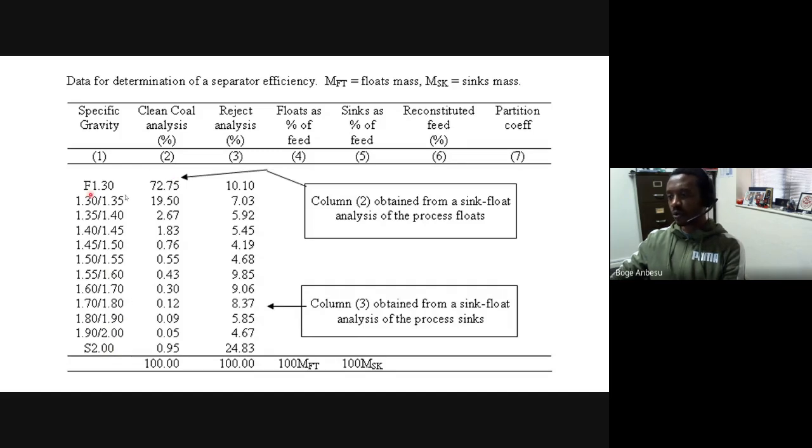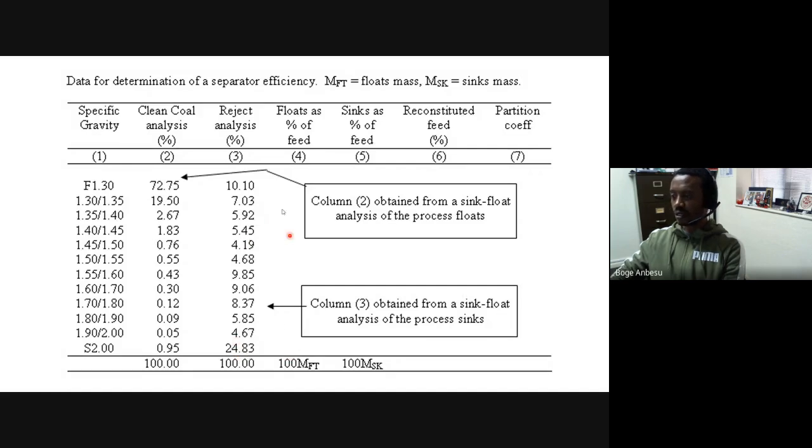For that, we collect samples for each of those ranges, and we express that as a percentage. If I want, I can quantify how much ash is here. Then I also collect the rest, so whatever doesn't float must have gone to the sink. In that sink, again, you can see what fraction of material is reporting in this density range, in this density range, and so on.